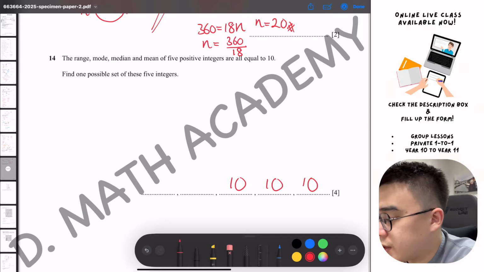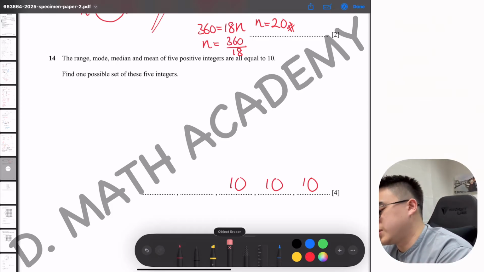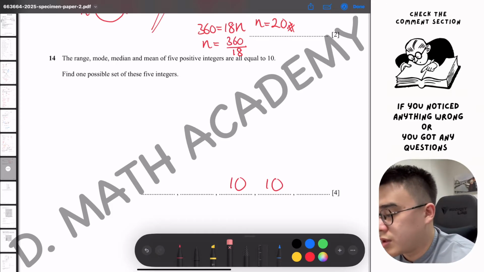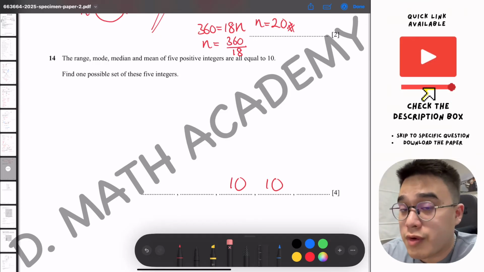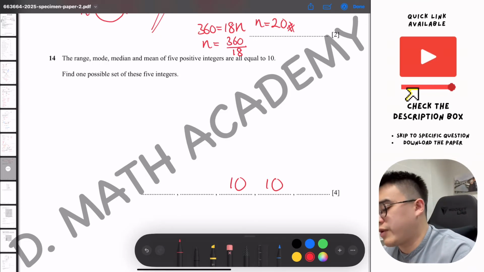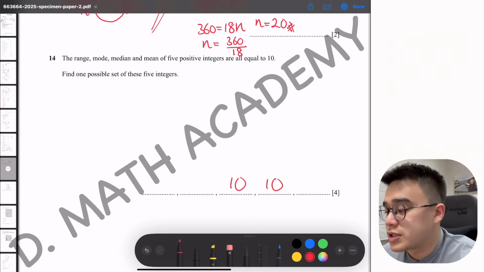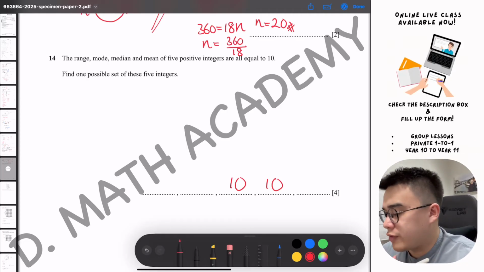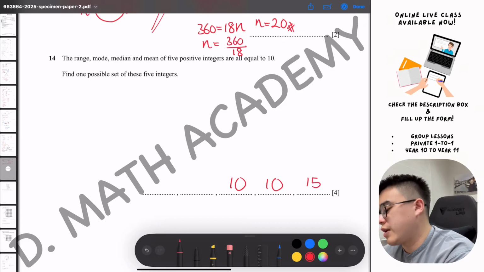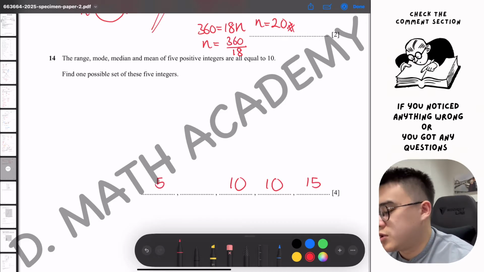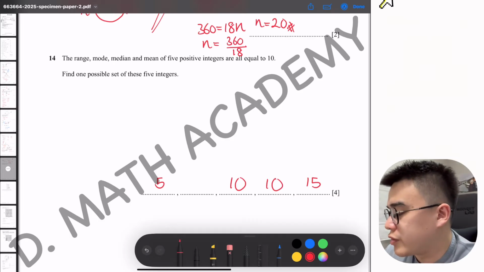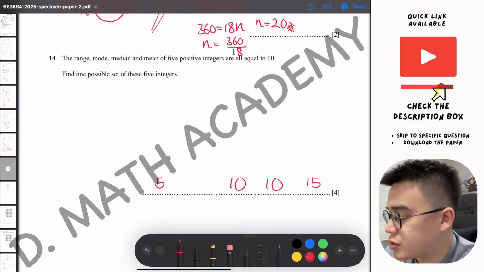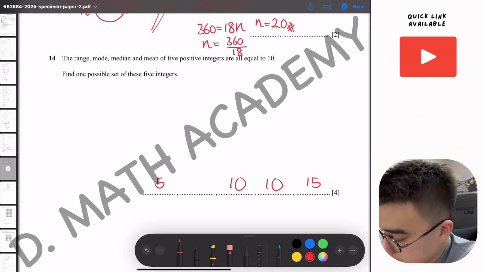Then they said positive integers, so 10 won't be suitable. The reason is I make this justification based on the range. Even if I wanted to set the smallest number, I think I will have to set it as 15 and 5, so that later on when I divide them, I don't have to worry about the potential remainder.